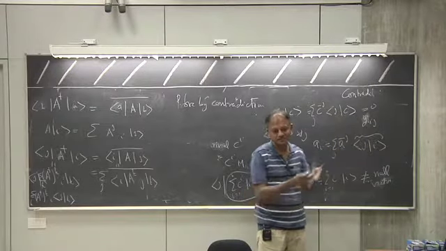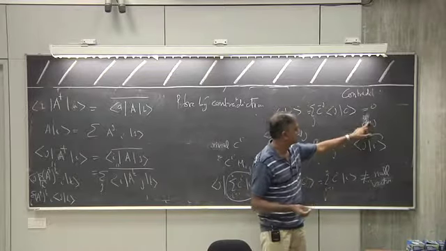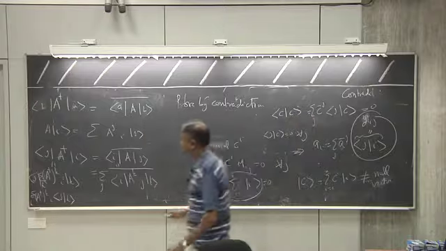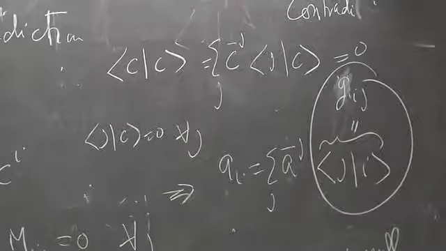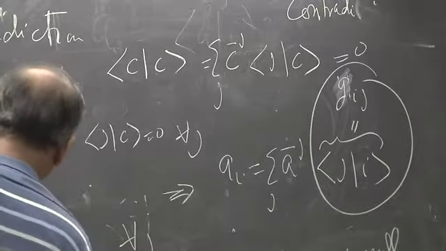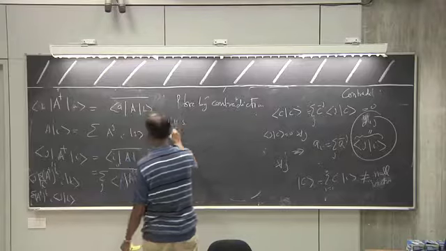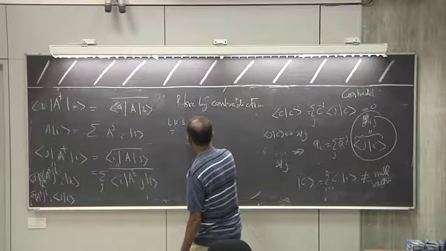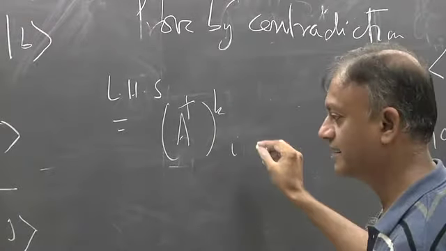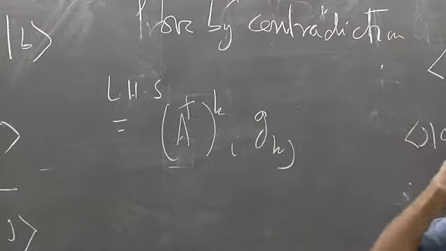G is the usual symbol for the metric, okay? So this is G. So the left hand side, therefore, is simply A adjoint_ki, and then G_kj. Right?